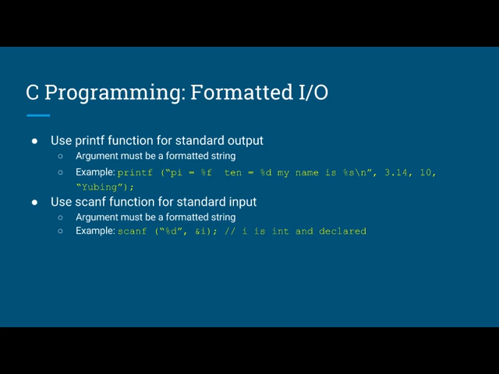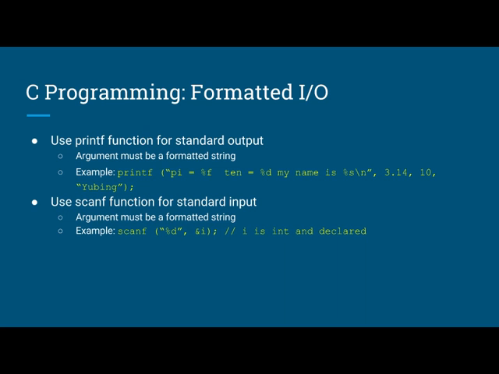Pen equals %d corresponds to the number 10, and %d means decimal integer. And my name is %s, followed by this string, which is my name, Yubin, and %s stands for string. It will plug whatever follows into its corresponding location. That's called formatted string, formatted output.